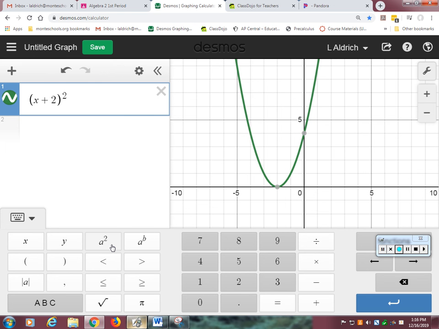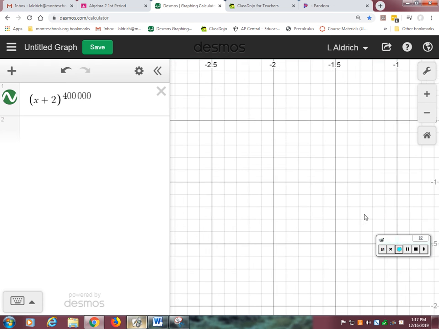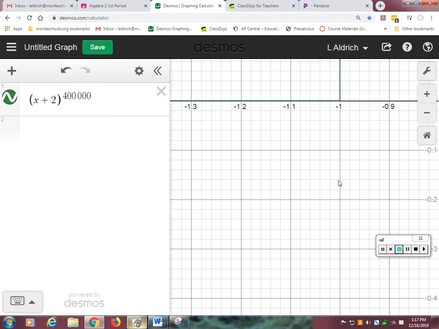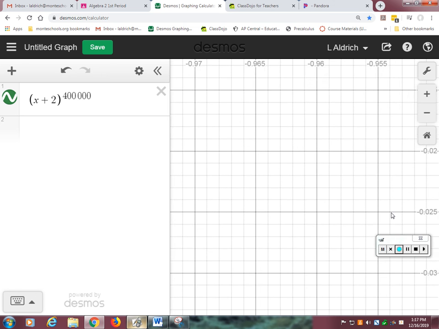As long as I keep this as an even number, I could make this to the 4th, and it will still hit right there. And what happens, like I said before, is as this exponent gets higher and higher, it still does the same thing as long as it's even, but it starts looking more and more square on the edges. Now, if we zoom in, we can see that it's not actually square there.